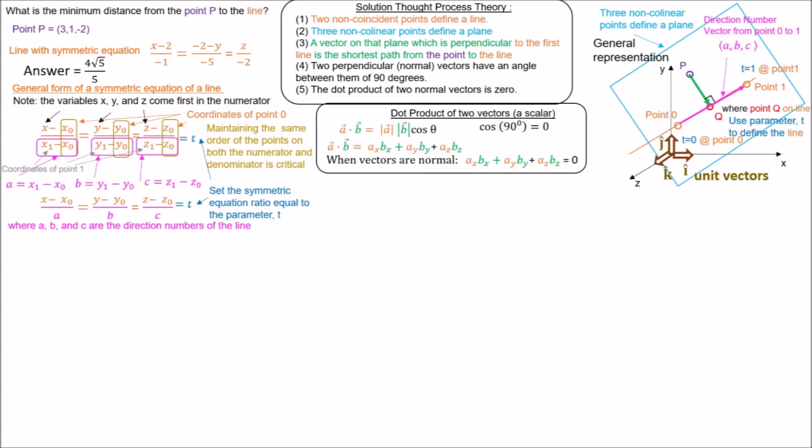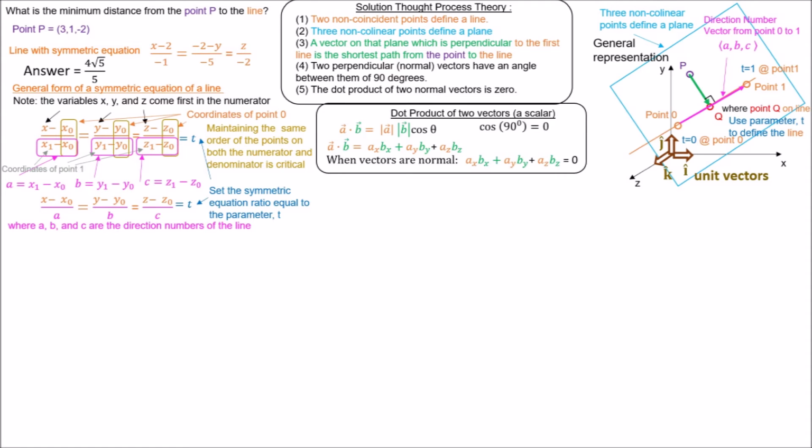One of the most powerful things you can do, you can see on the equation, originally there's an x variable, y variable, and z variable. It's very powerful if you can use a parametric equation and a parameter such as t to make all three of the left terms equal to t. So all those three ratios equal a parameter t.